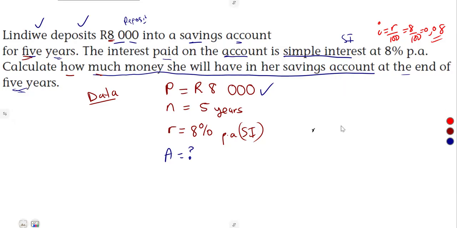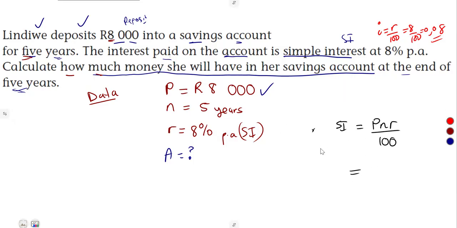You have the simple interest first, because we know that it's under a simple interest, and simple interest is equal to principal times rate times time, which is PNR or PRN. It's just one and the same. Let me just write the way that I wrote before: PNR over 100.